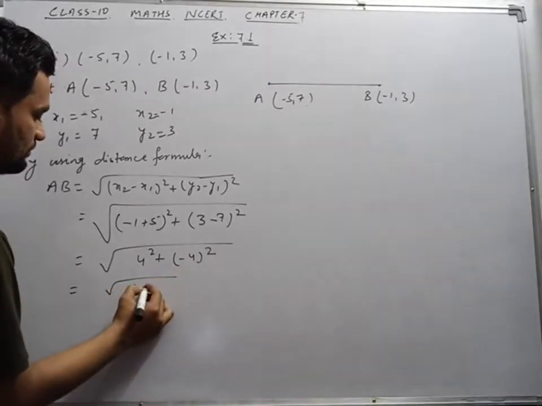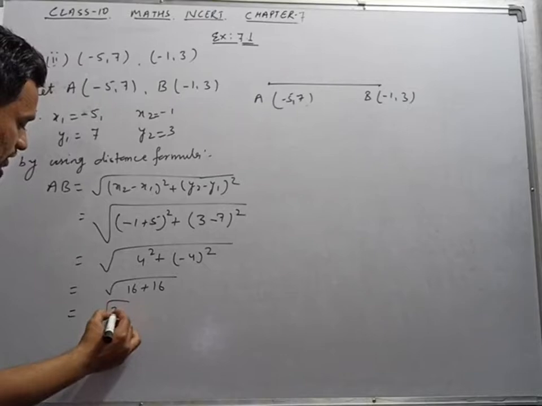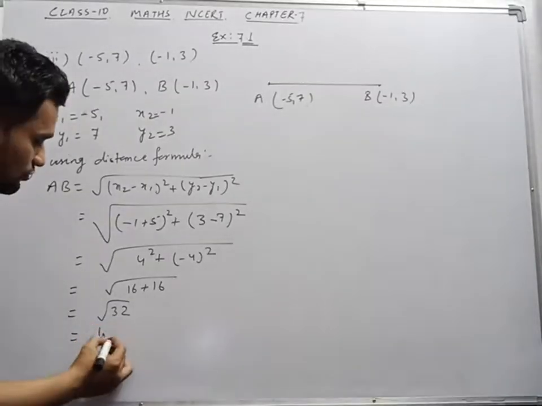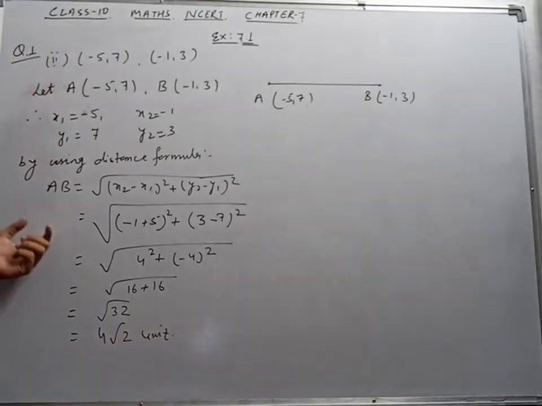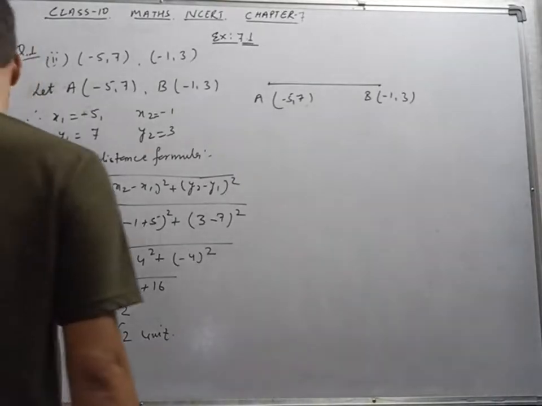Root over 16 plus 16, square of any number is always positive, root over 32, and this is nothing but 4 root 2 unit. Nothing is given, it means unit. So the distance of AB must be equal to 4 root 2 unit in this question.